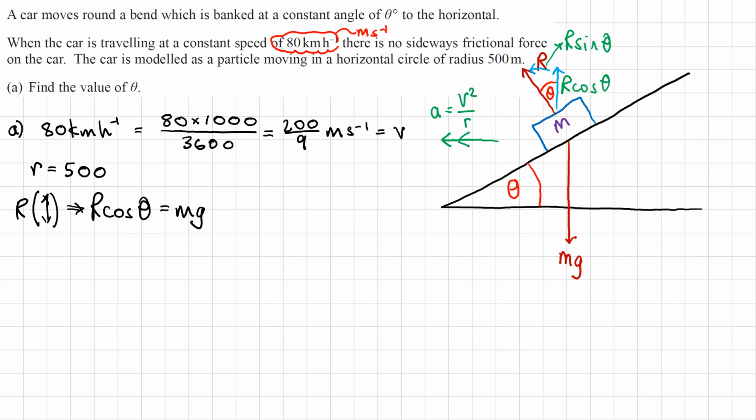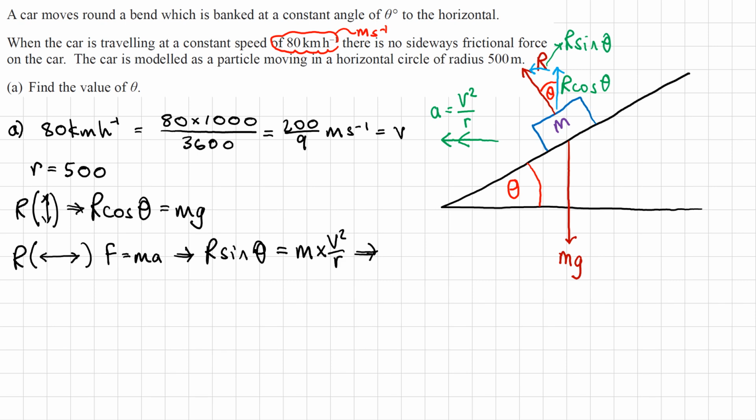Then I resolve horizontally. Now there's only one force acting on the car, and that's going to be this R sine theta. So that will be equal to ma. So using F is equal to ma horizontally, what I will have is R sine theta is equal to m, my m, times by a, and that's going to be v squared over r.